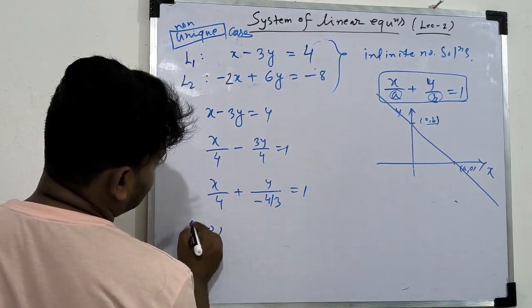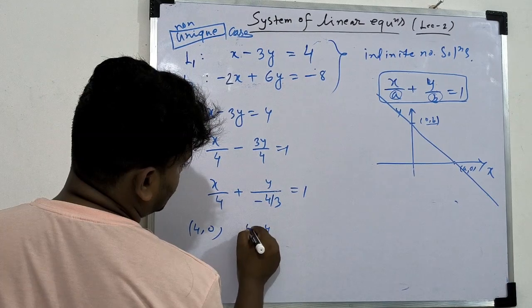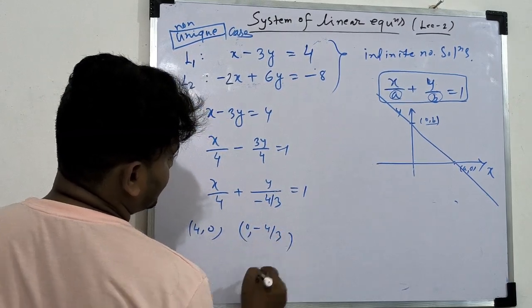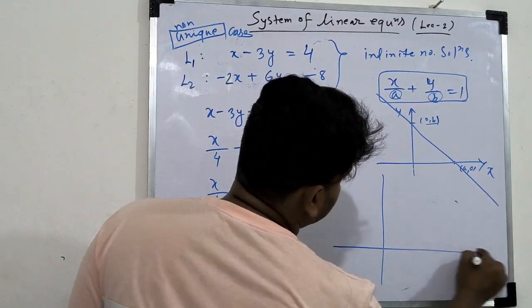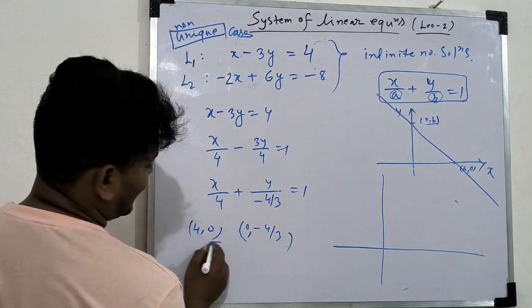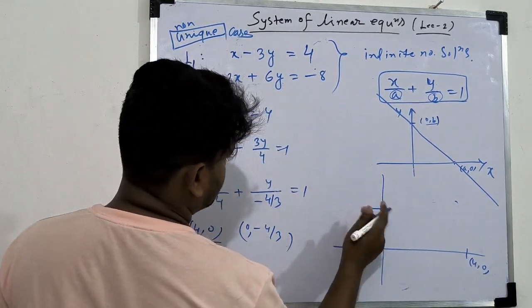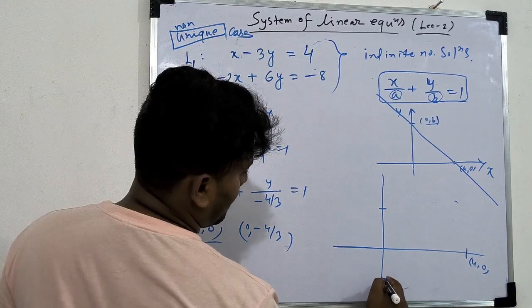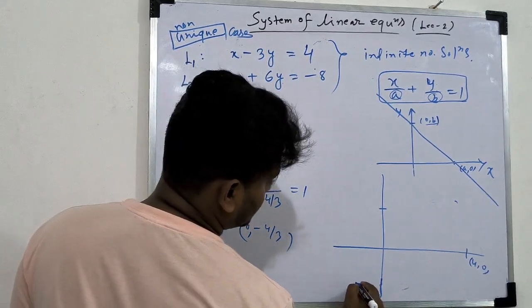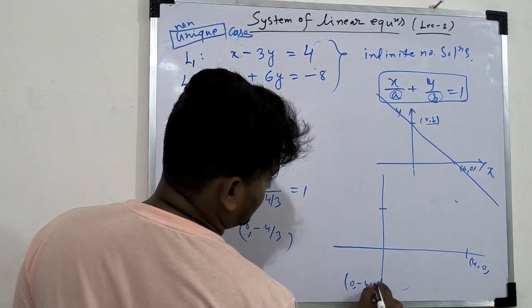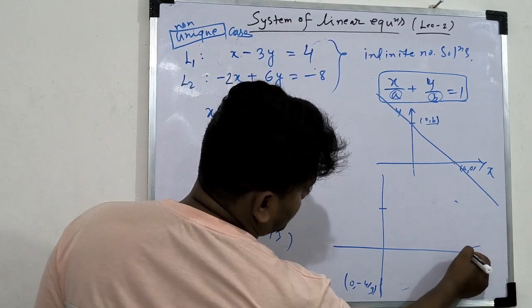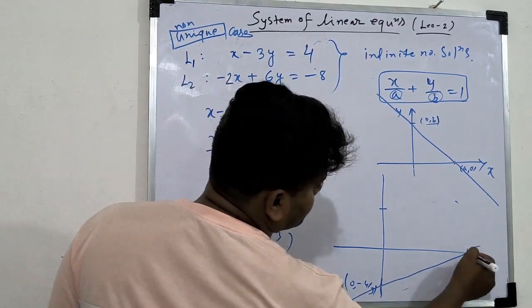So 4 comma 0 and 0 comma minus 4 by 3, these two will be the points. So this line will cut x-axis at 4 comma 0, and y-axis at 0 comma minus 4 by 3. So this straight line will look like this.